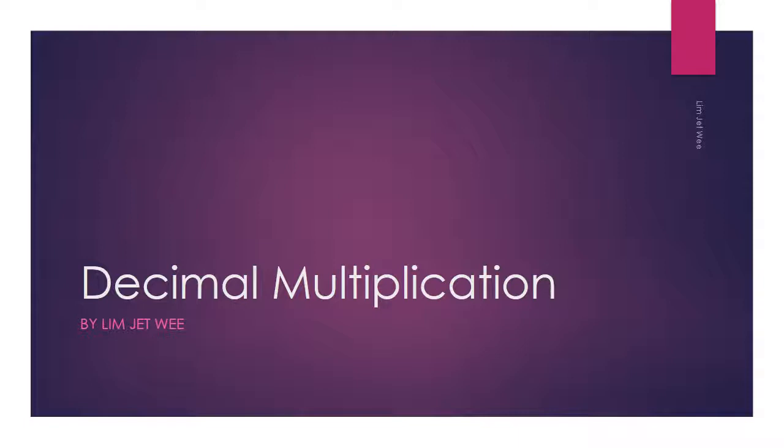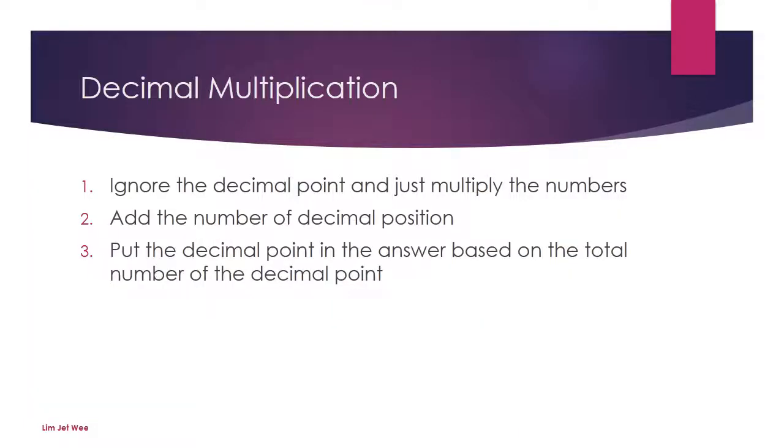We are going to continue with decimal multiplication, and the steps to do this are: first, ignore the decimal point. Just ignore it and multiply only the number portion, just as you usually do.